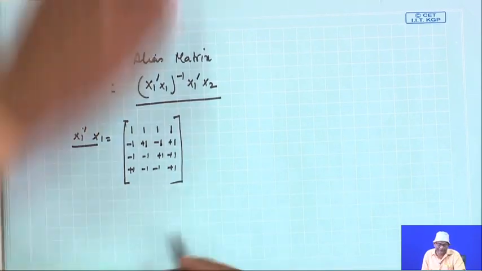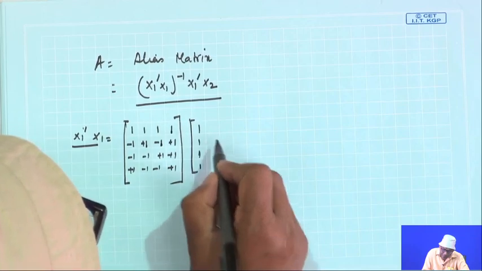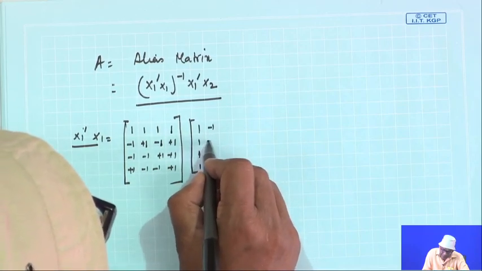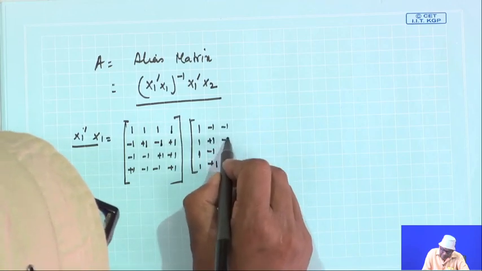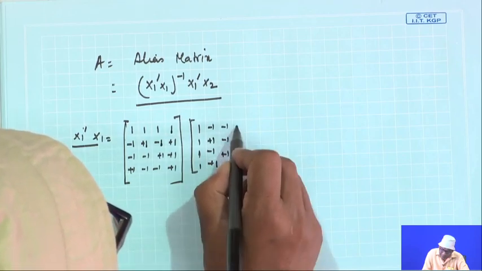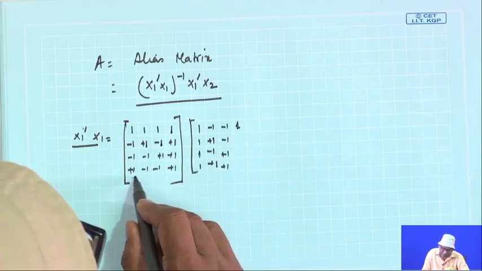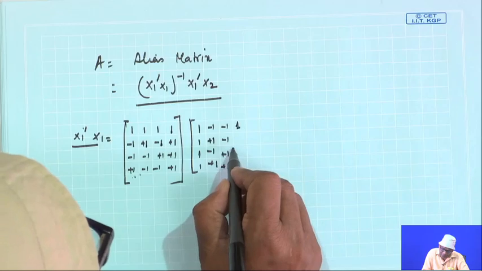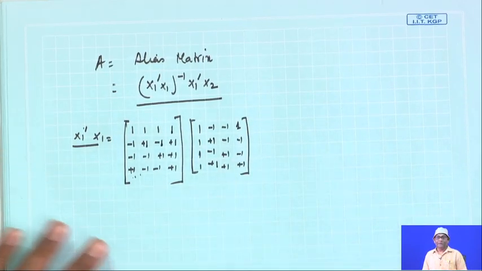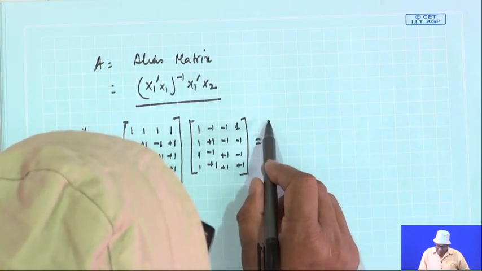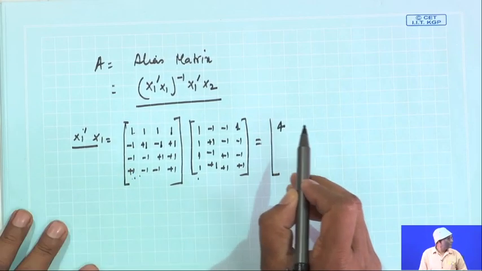This is x1 transpose. Then what is x1? It is the same matrix arranged as columns. So, if you multiply this, what are you getting now? All 1 into 4, so you will be getting 4.